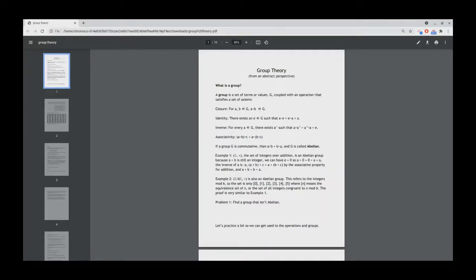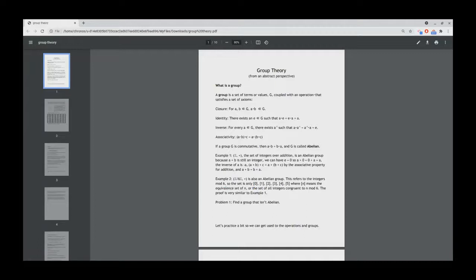Another example is pretty similar: Z over 6Z, which pretty much means the integers mod 6. So the set is only composed of 0, 1, 2, 3, 4, 5. We'll go over this type of set a little bit more later.